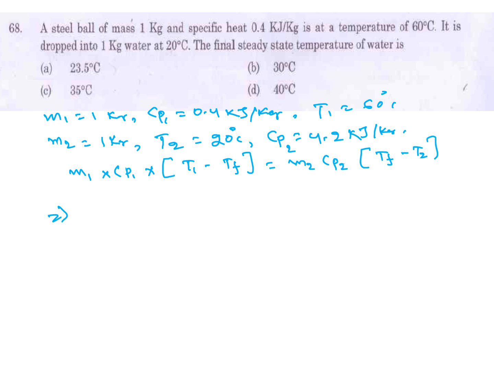So 1 into Cp1 is 0.4 into 60 minus Tf, M2 also 1 kg, Cp2 is 4.2 into Tf minus, T2 is 20.